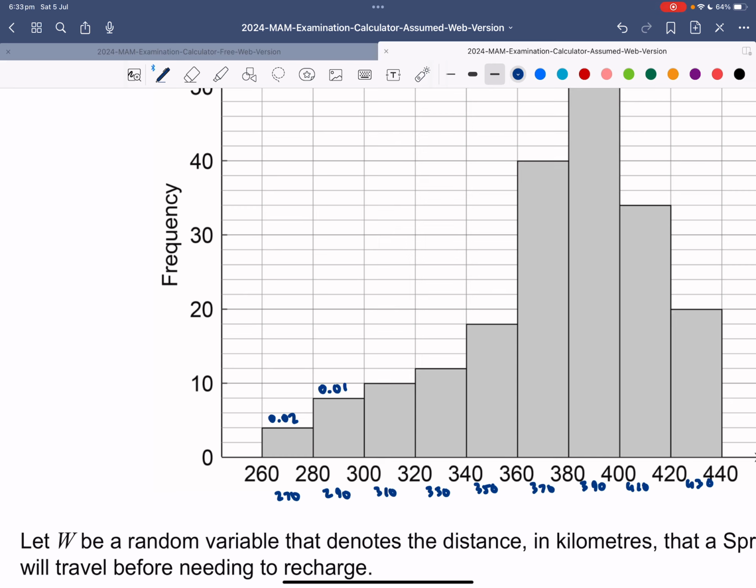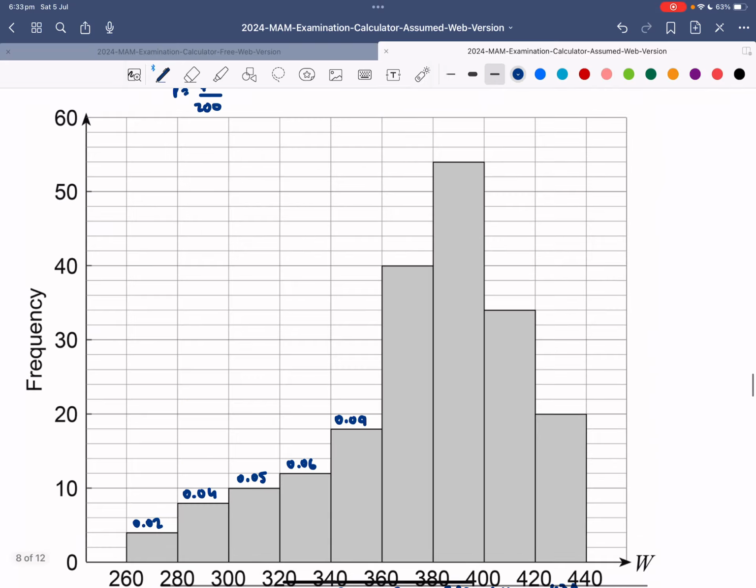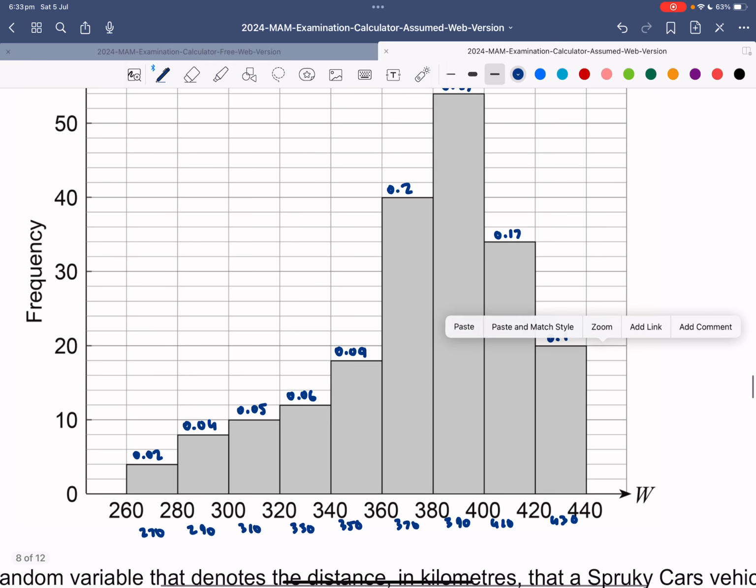This one's 0.04 as a probability. This one is 10, so 10 over 200 is 0.05. This one's 12, so 0.06. This one's 18, so 0.09. This one's 40, so that's 20%. This one's 54, so that's 27%, 34 is 17%, 20 is 10%, and that's it.